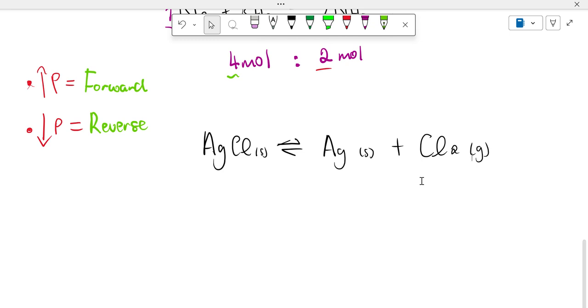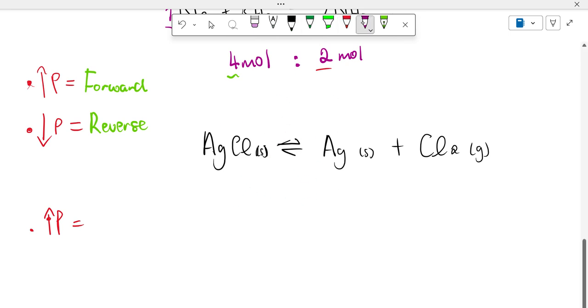Immediately when you have any other phase of a substance, then pressure has no effect on that phase. Therefore, you need to go to the side with the highest moles of gas. So if I increase the pressure, what happens? I need to favor the side with the lowest moles of gas.